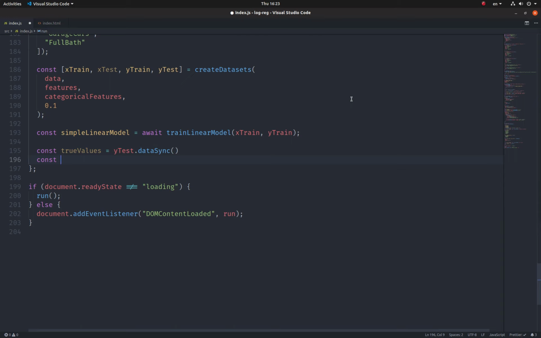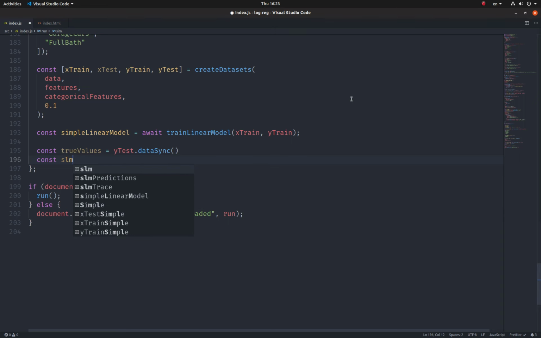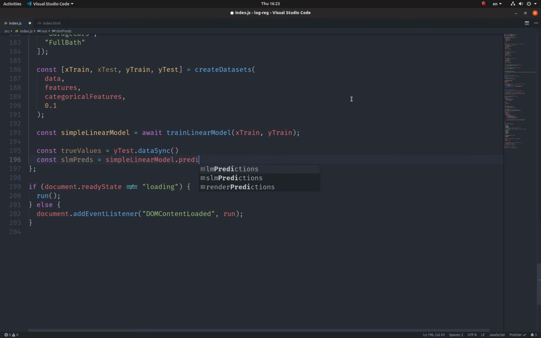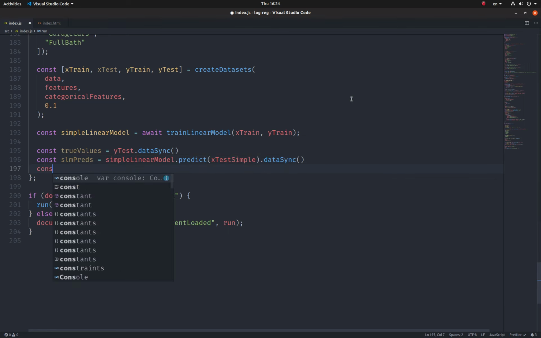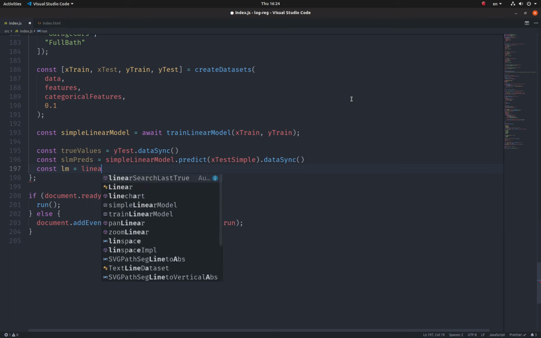Then I'm going to take the predictions from the simple linear model. Simple linear model predictions. I'm going to call the predict method on that one, and I'm going to use the test simple data, and again I'm going to extract the values.